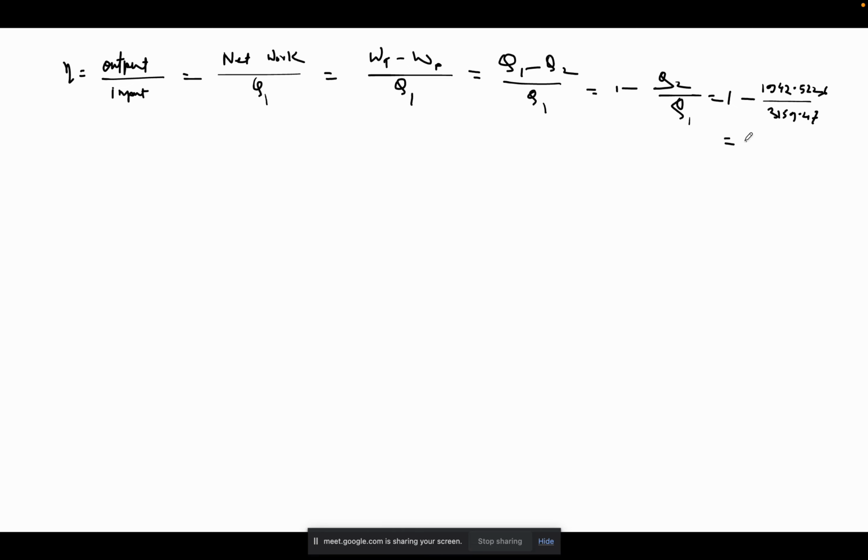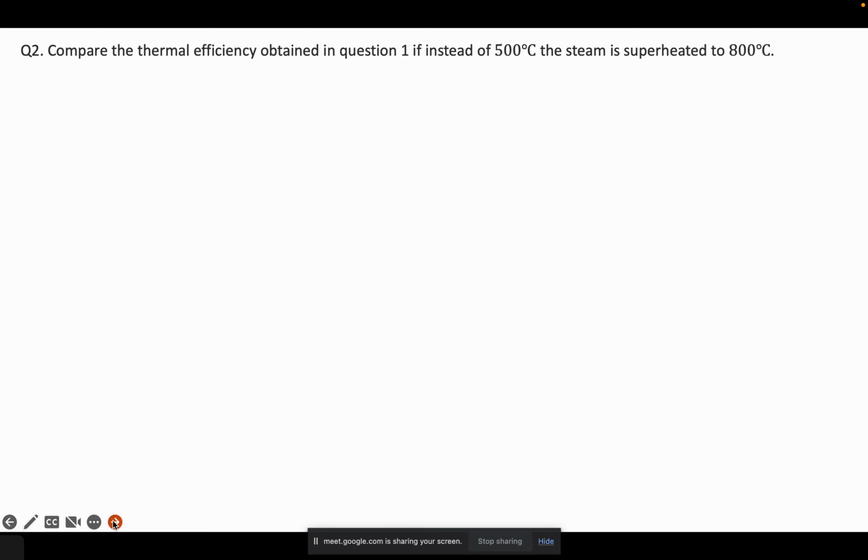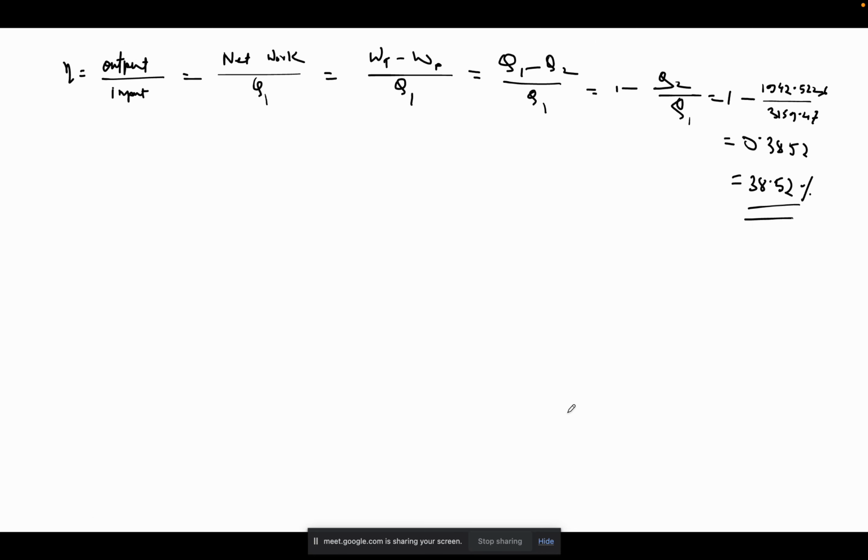So this will be your 0.3852, so basically 38.52%. So this is your efficiency. If you have any doubt, you can ask me now. Clear? Now we have already seen that this efficiency is not much, so there are various steps.